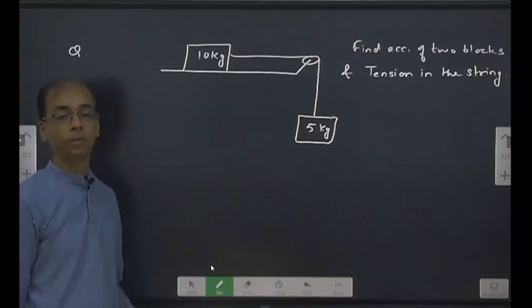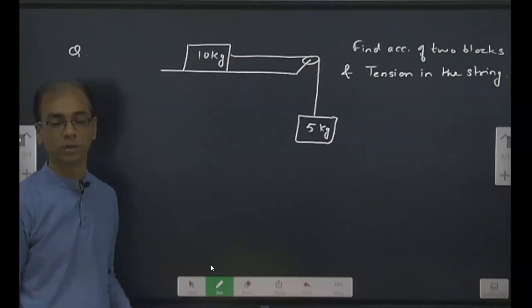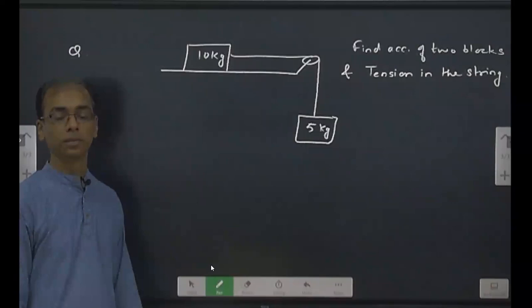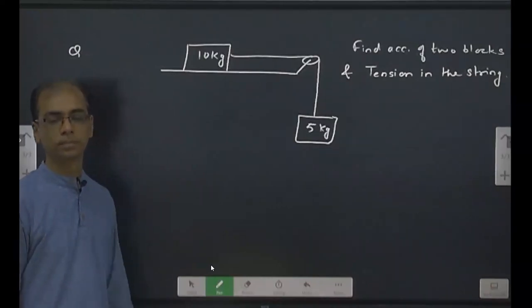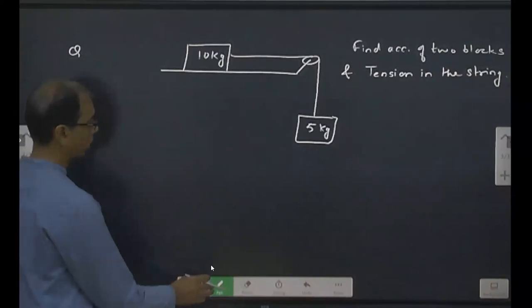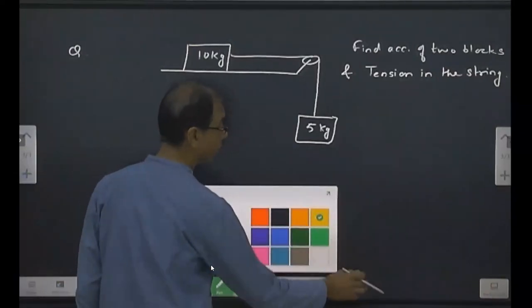Can we apply the same formula in this one also? M2 minus M1 g by M1 plus M2 is the acceleration, and 2M1M2g by M1 plus M2 is the tension. Can we apply? No, we cannot. Why can we not apply?